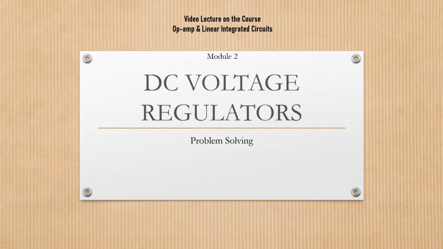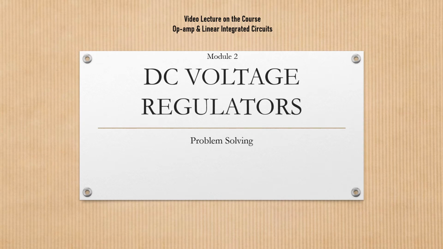In this session, we will be solving the problems related to DC voltage regulators, that is the problems related with the LM317 IC voltage regulator and the counterpart of it, that is LM337. Seeing the design problem, mainly we are dealing with the design of the particular LM317 data.